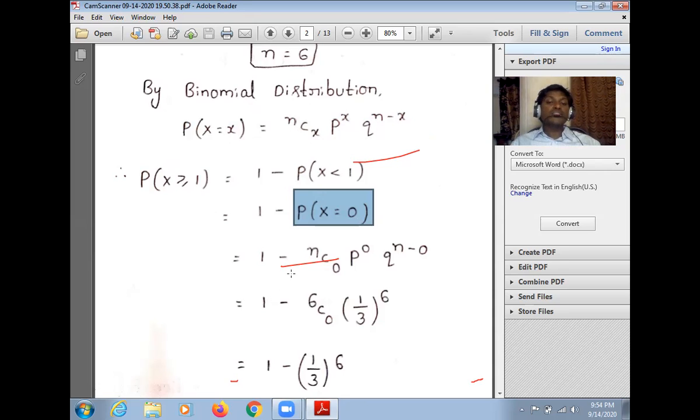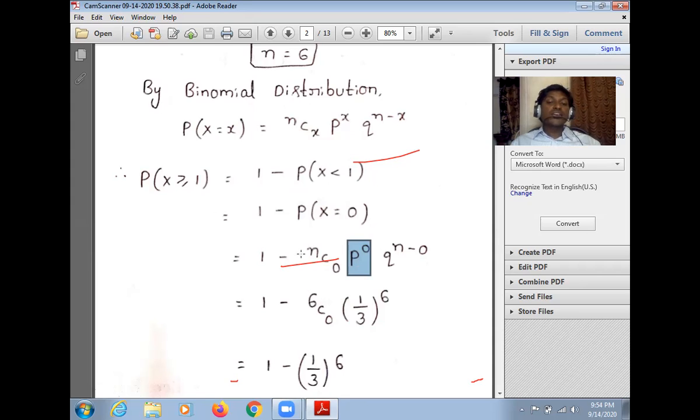So 1 minus nC0, with 0 substituted in place of small x, p power 0, q power n minus 0. Anything power 0 is 1, so no need to write that one, and it is q power n, nC0.